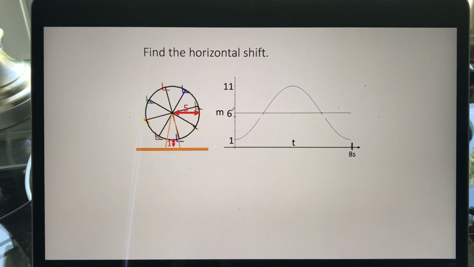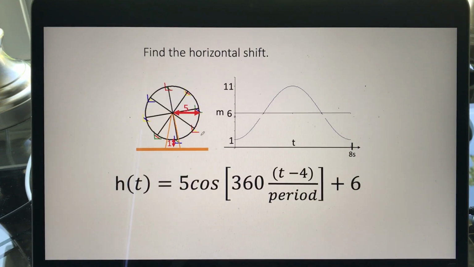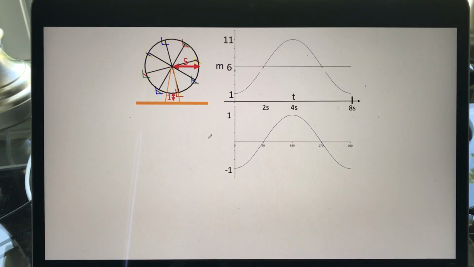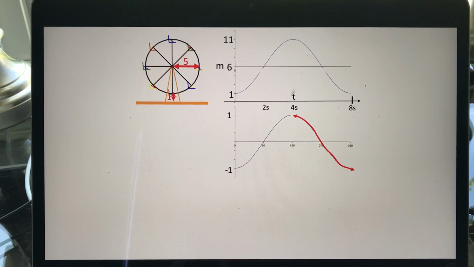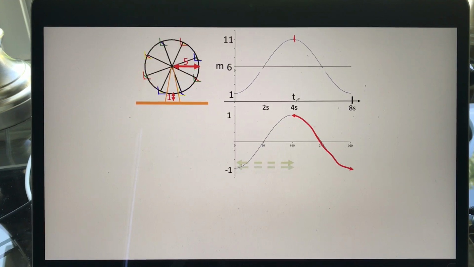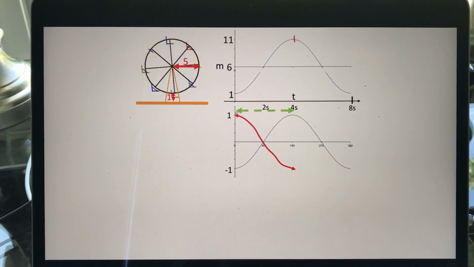Now this is the interesting part. So the horizontal shift. Now I'm using a cosine function. So the cosine function starts at peak here, but my function, my Ferris wheel, isn't over at a peak. I'm 4 seconds down. So I have to draw that peak back over to the actual starting spot of my cosine function, again, so it matches my calculator.